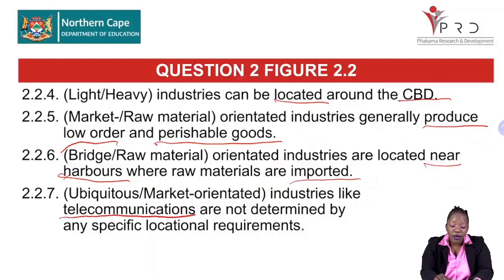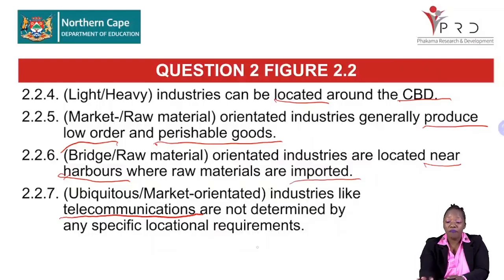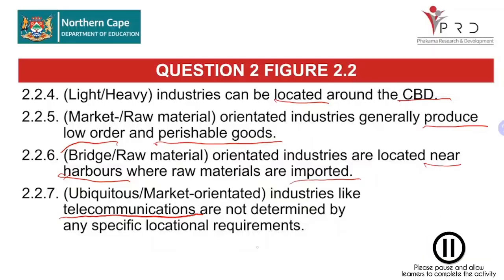So telecommunications are not determined by any specific location requirements. So again, I'm going to give you 4 minutes, and then after 4 minutes, we will be able to proceed to the corrections.